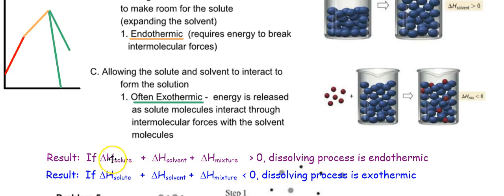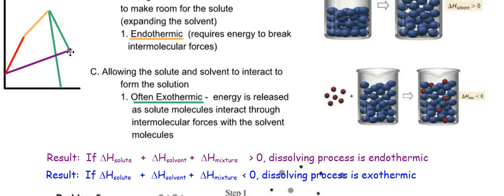If adding up all these different heats: the heat of the solute, endothermic; heat of the solvent, endothermic; heat of the mixture, exothermic, is the net result greater than 0? That's what this purple line is showing, okay? I have a net gain of positive. This process is endothermic.